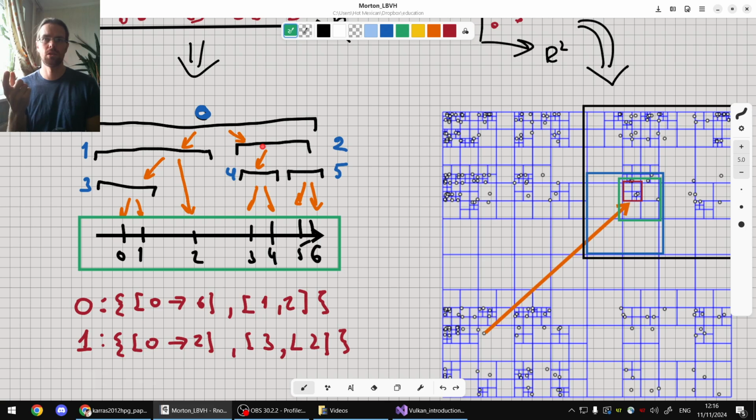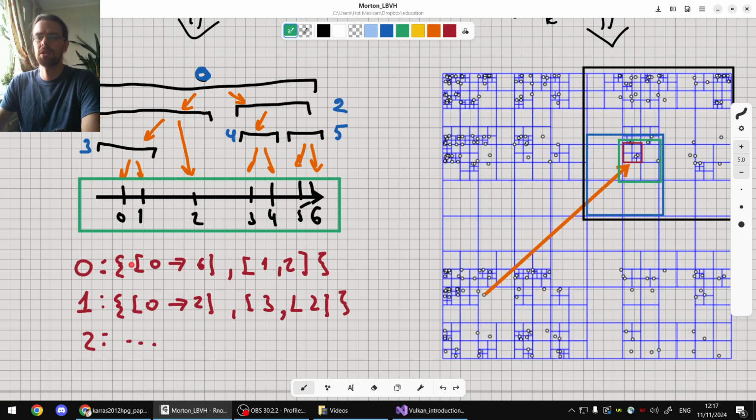It will cover all the nodes, and then all the child nodes of this root node will segment the space into two parts each, and it will continue until it reaches so-called leaf nodes. Leaf nodes are at the bottom; they don't have any children. You get a structure like this. Each node will contain information about how much space it covers and which are its children.